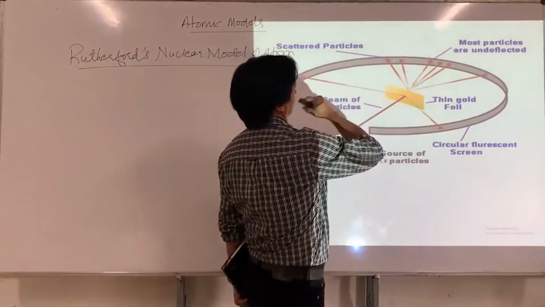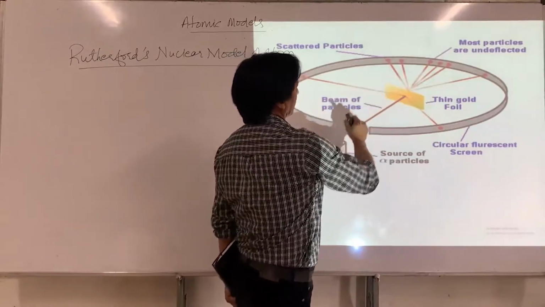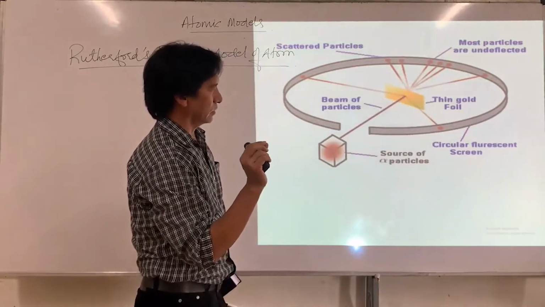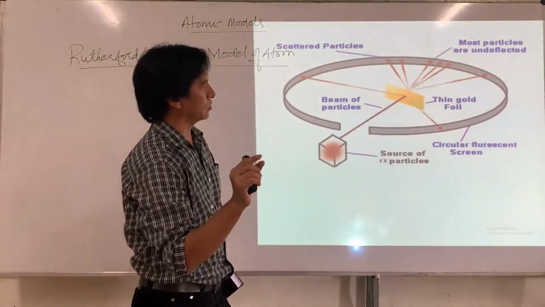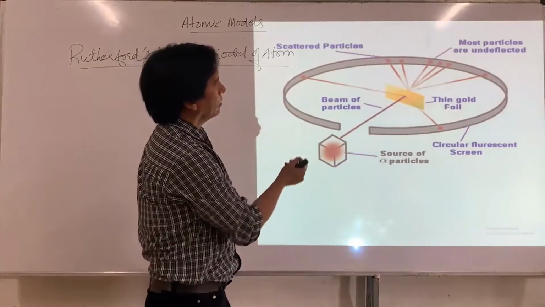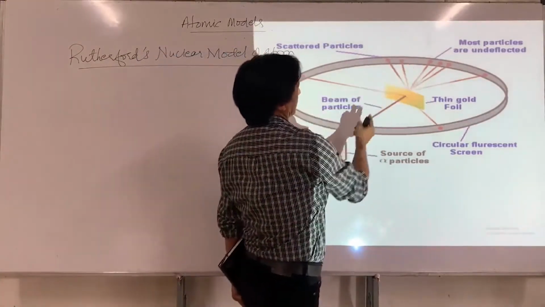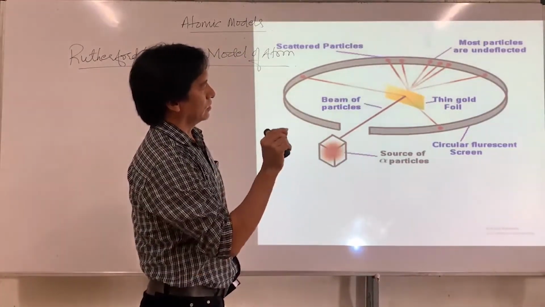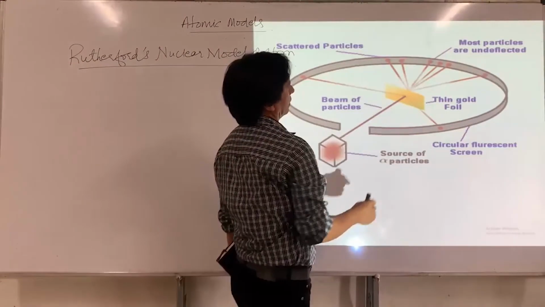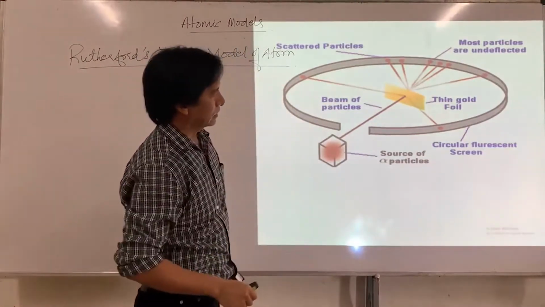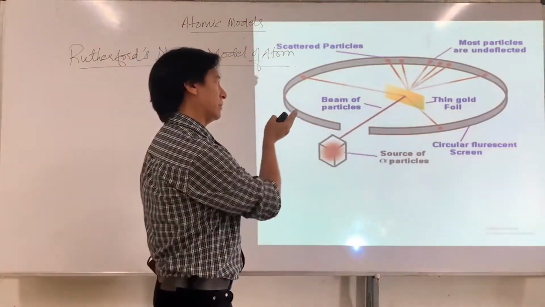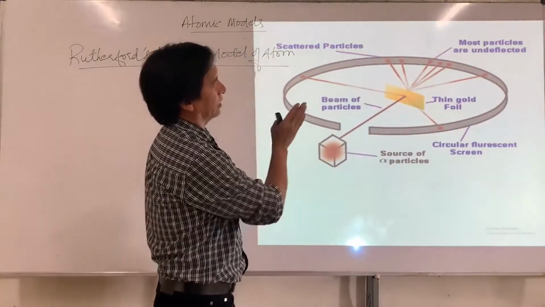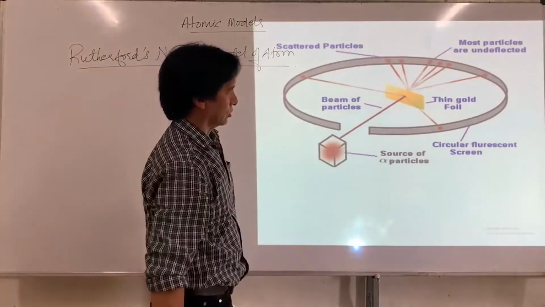So when these alpha particles strike the fluorescent screen, one could observe these flashes of light or bright spots. Like here we see that these flashes of light or bright spots were seen at different places on the circular fluorescent screen, indicating that these alpha particles don't just go in one direction, so that they are getting scattered as such.